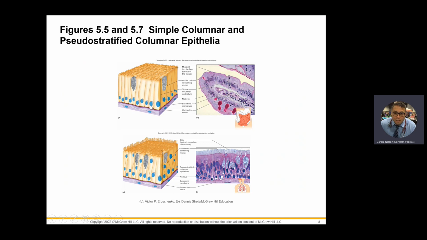I don't think I reiterated it. I just gave it as an open example. But the simple columnar epithelia with goblet cells and microvilli, I want you to think your small intestines. But the ones with the cilia, pseudostratified, think the bronchioles or the little passageways inside your lungs.